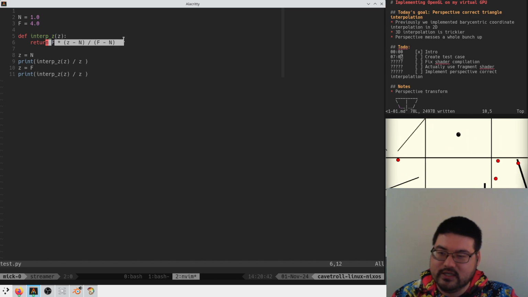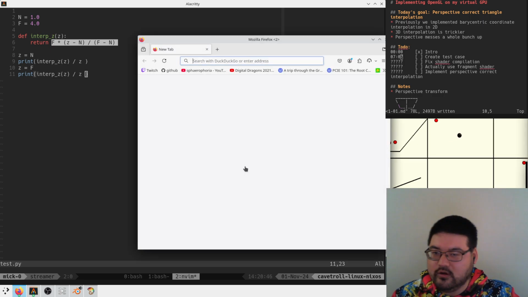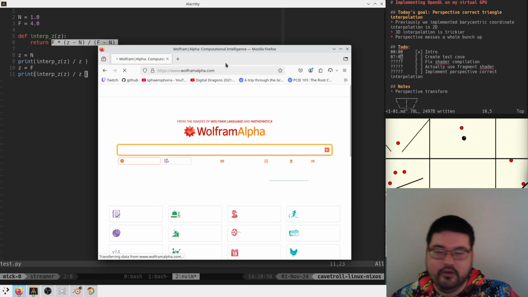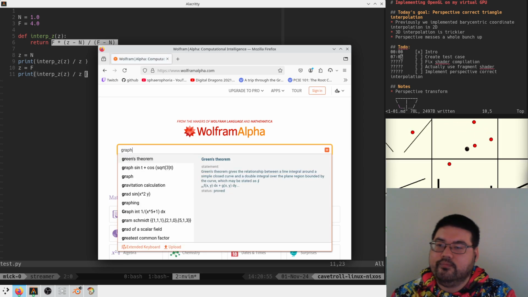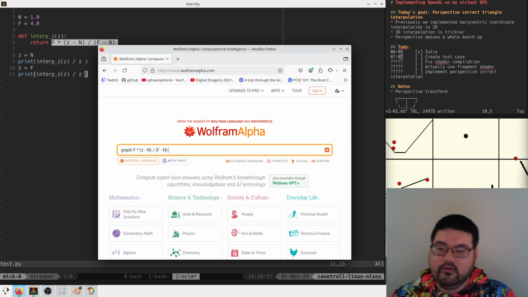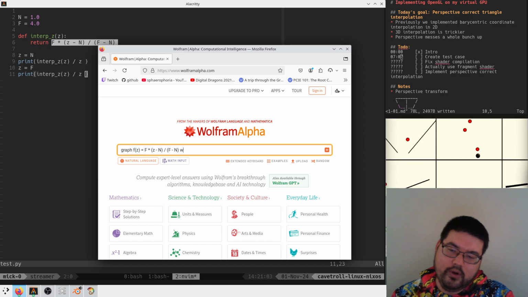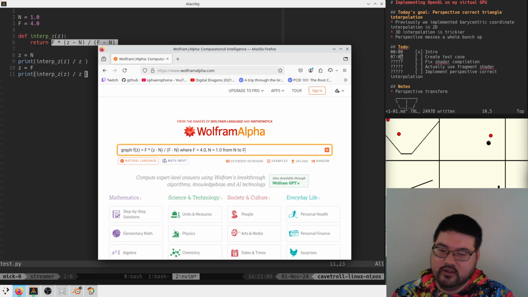If we take this and plug it into Wolfram Alpha to graph it, we do f of z here, where f is equal to 4.0 and n is equal to 1.0, from n to f. Is that going to work?